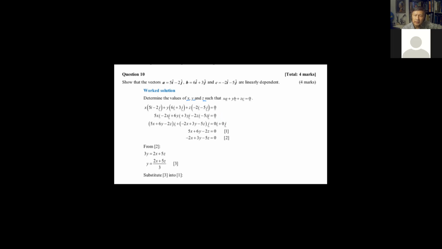Substitute 3 into 1. There's more. I'll show you the rest of the working. Yeah, do substitution. You get y is proportional to x, right? This shows that y and z are both function of x.